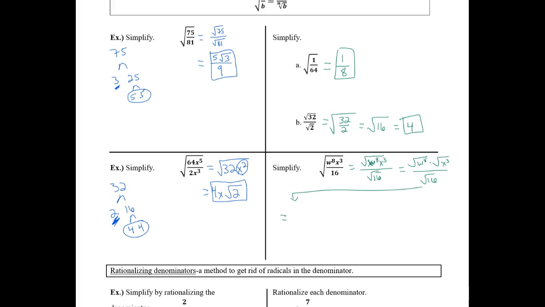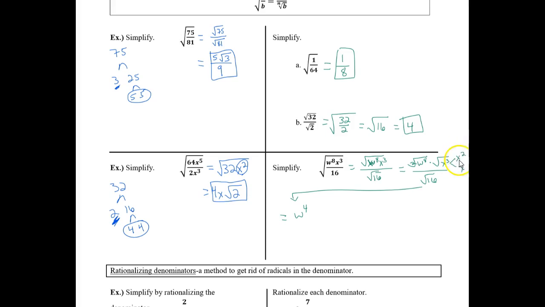Square root of W to the 8th, remember we can just divide 8 divided by 2 because the index here is 2 for a square root, and we get W to the 4th. Because W to the 4th times W to the 4th would get us back to W to the 8th. X cubed is not a perfect square. It is the same thing as x squared times x.